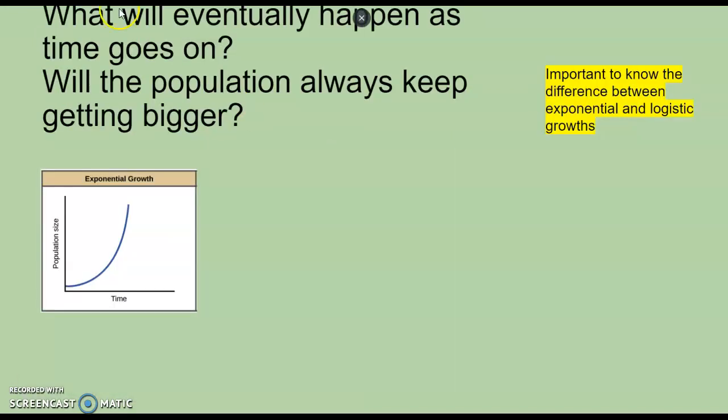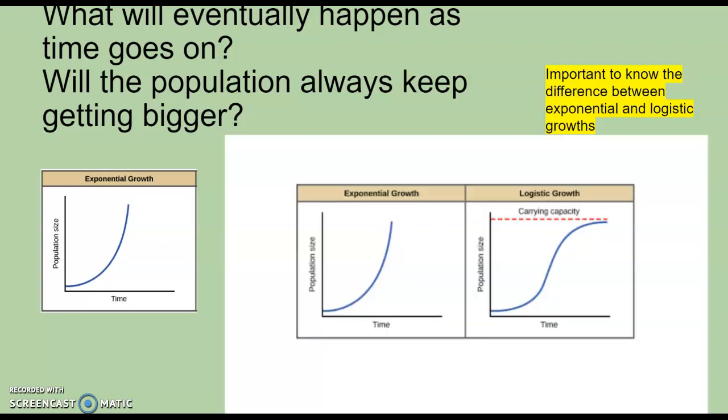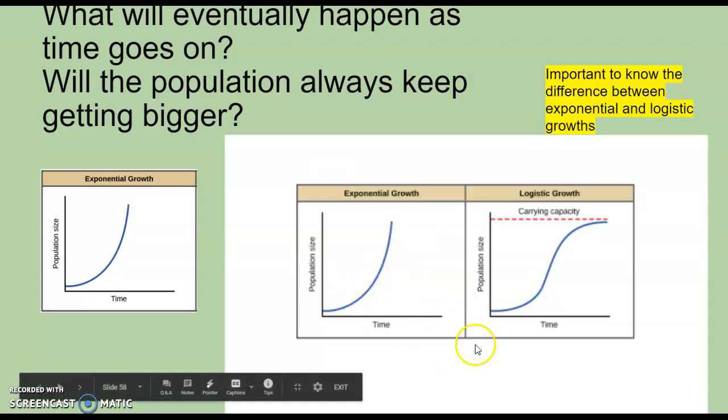However, what will eventually happen as time goes on? Will the population always keep getting bigger? Will there be an unlimited amount of resources forever and ever? Will this continue to go in this direction? Not really. There will come a point where a population can't get any bigger, and it's going to start to level off.